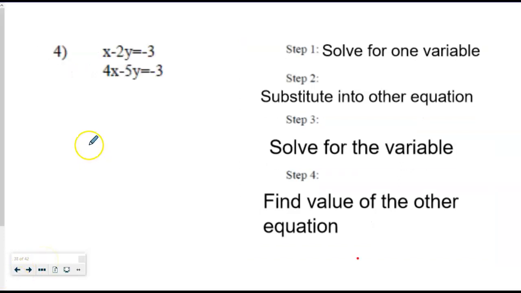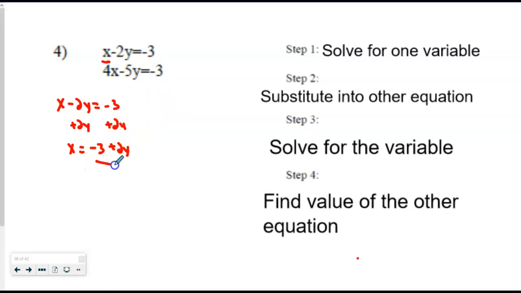Okay, so in this case, we're going to try this next one, in which we have x minus 2y equals negative 3 and 4x minus 5y equals negative 3. So first thing, we want to get one variable by itself. Usually we want to solve for a variable that has a 1 in front of it, so we're going to get x by itself here. So you got x equals negative 3 plus 2y.